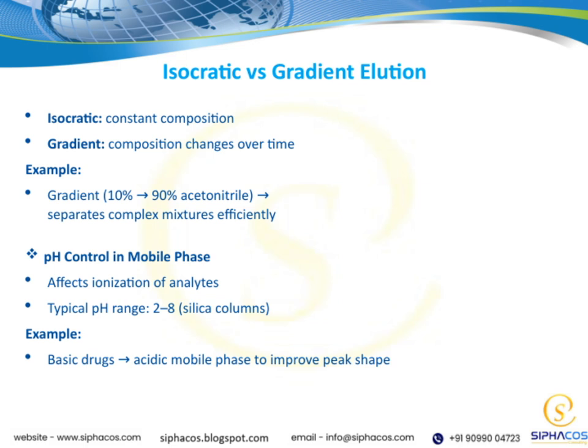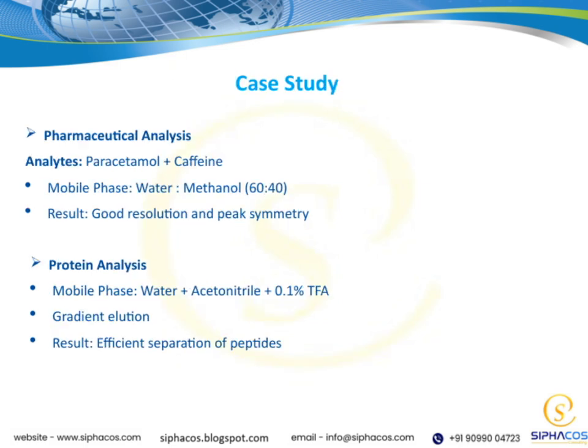This approach is especially useful when separating complex mixtures, as it helps achieve better separation efficiency and reduces analysis time. Overall, understanding how to control pH and choose the right elution method is key to optimizing your chromatography results and ensuring accurate, high-quality data.